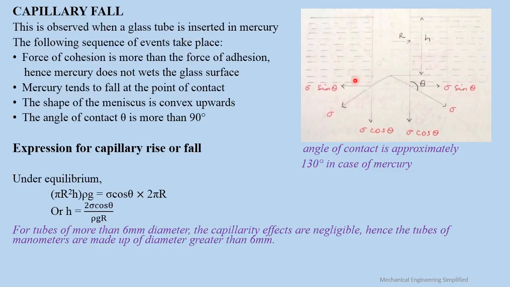That will be sigma cos theta into 2 pi r. This is the surface tension and this is the length, the 2 pi r is the circumference. So sigma cos theta into 2 pi r is the surface tension force, and this force is nothing but the weight. This is the volume, pi r square h, the volume of this portion, into rho into g.